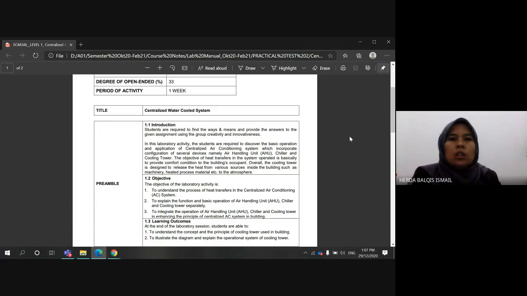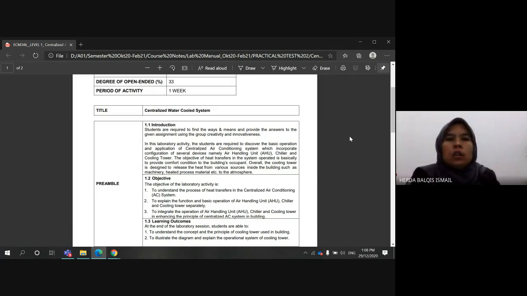Meaning to say that every morning at 7:30 a.m., for example, it will automatically switch on the air conditioning system for the DP, DK, the library, the PTDI, and a few laboratories at faculties and so forth. So they have one control room to control this system.